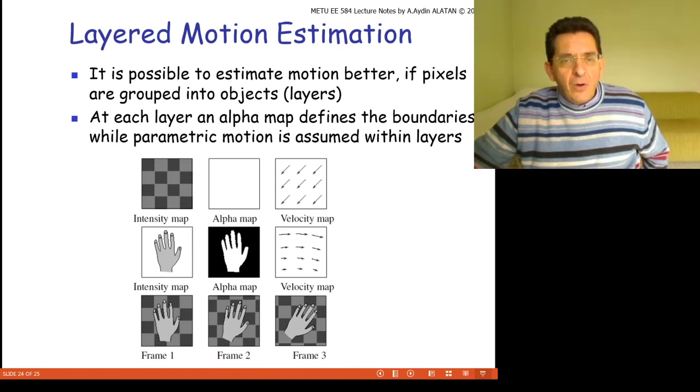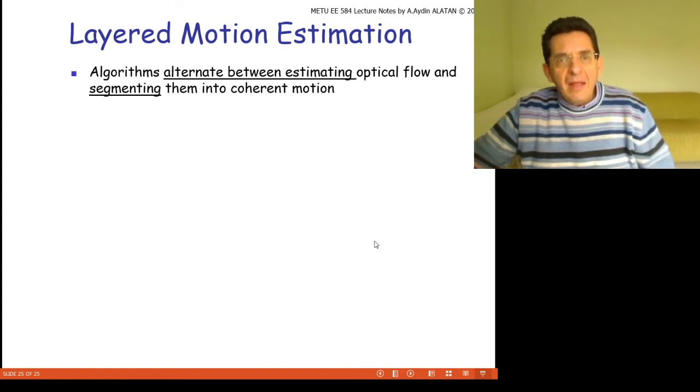Okay, therefore we have to have a parametric motion model here. That's important. Parametric motion. Therefore I'm gonna fit a parametric form to here. I'm gonna fit a parametric form to here. Okay, now the idea will be like this.